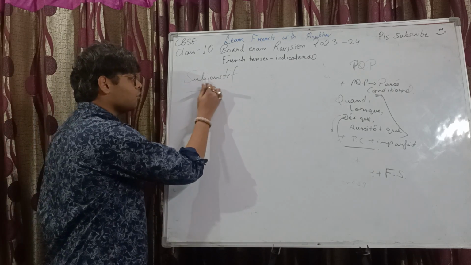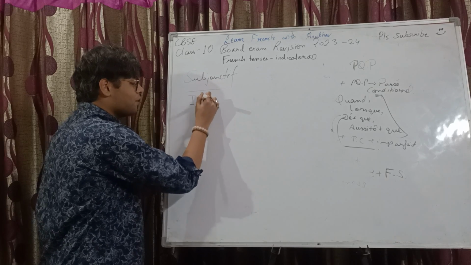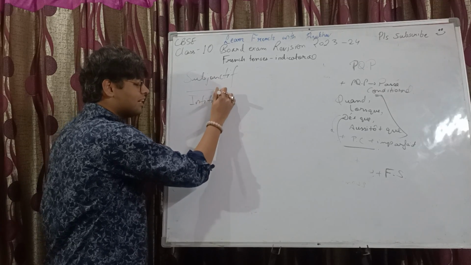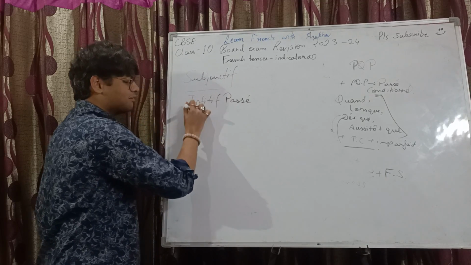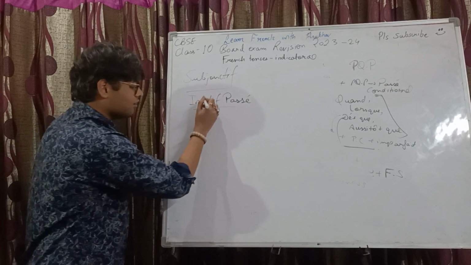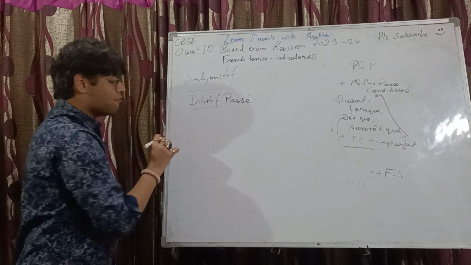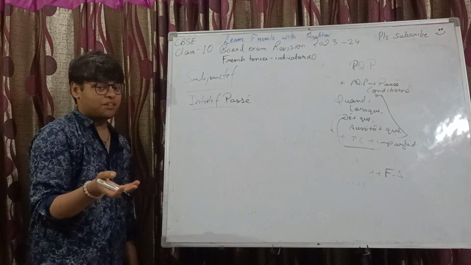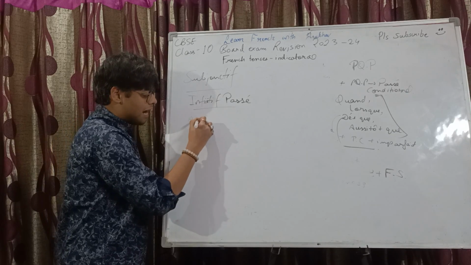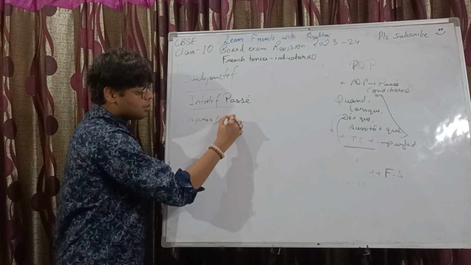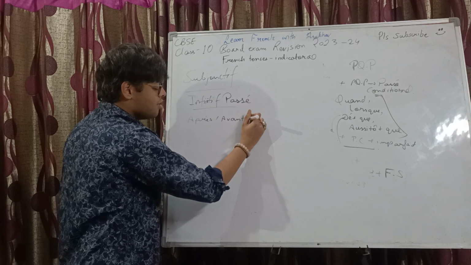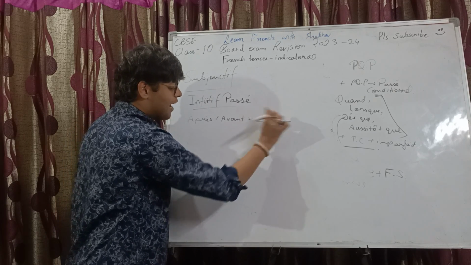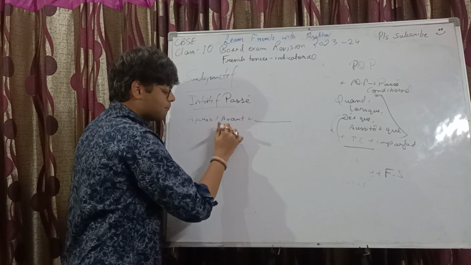Now coming to the remaining tenses that might come. Infinitif passé, interestingly, has appeared multiple times in your sample paper and the actual exam as well. Infinitif passé, past infinitive, indicator: après or avant, right? And it's a past event.